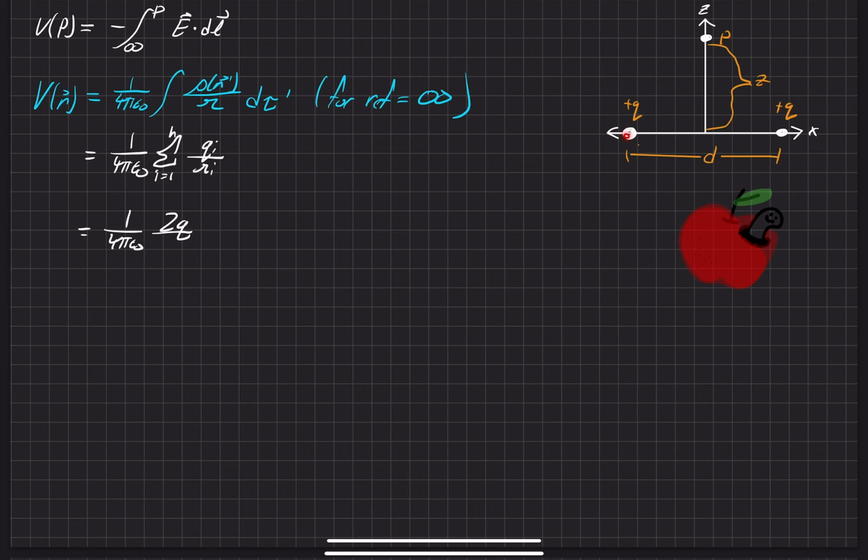And of course, we're going to dust off our geometry, and we know this is going to be the hypotenuse, so the square root of 1/2 d and then z. So we'll go ahead and write that explicitly: z squared plus d over 2, quantity squared. And that is our electric potential at the point P.